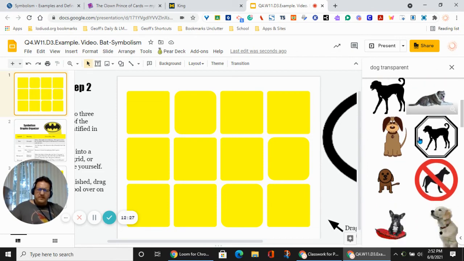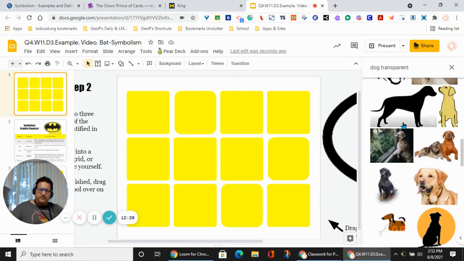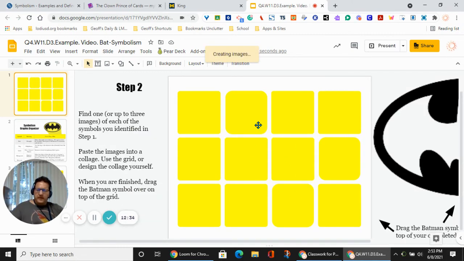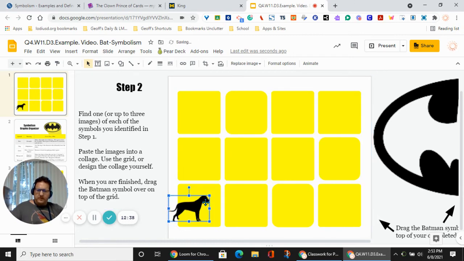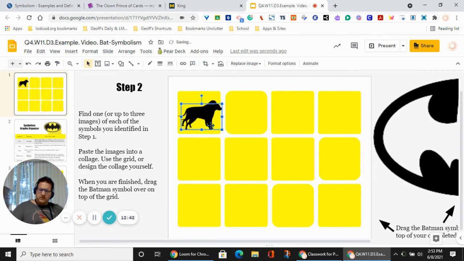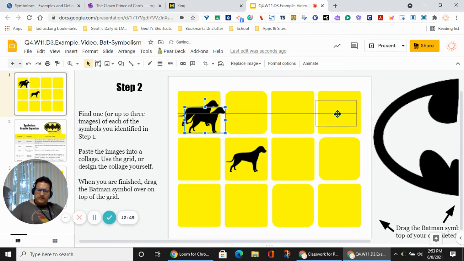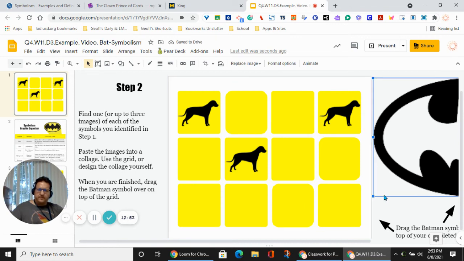I could use any of these items. I'm going to go ahead and use this one. Insert. You're welcome to use multiples of the same image, so why don't we do that this time? It doesn't matter how you place them. This is your collage. So I did Control-C, Control-V to copy and paste. I'm supposed to copy and then paste a new picture of it.